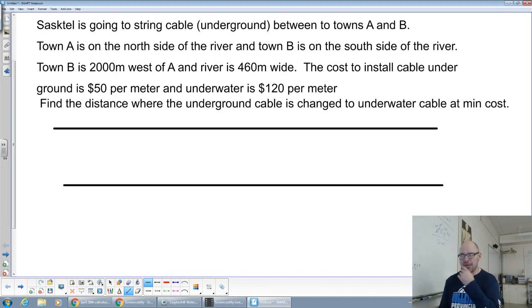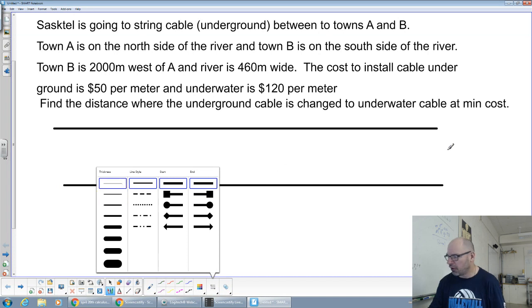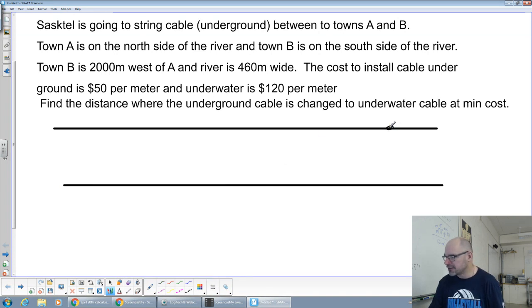Now, according to this, town A is on the north side of the river. Then town B is on the south side of the river, 2,000 meters to the west of it.